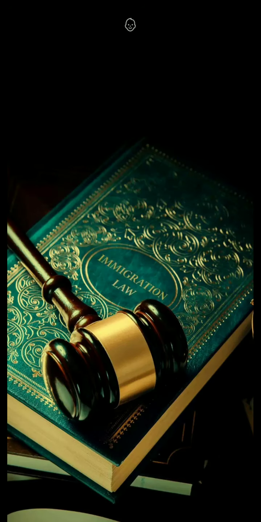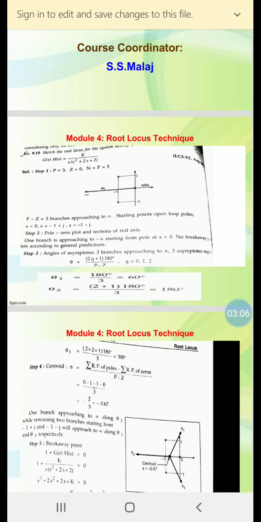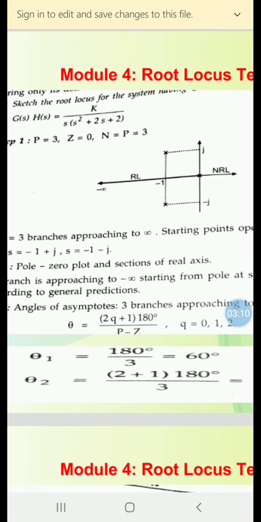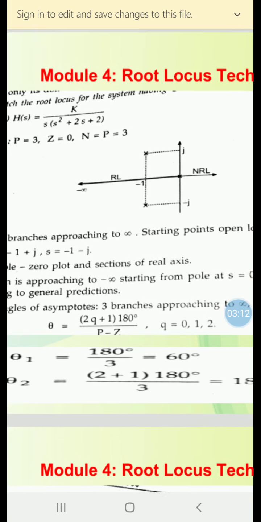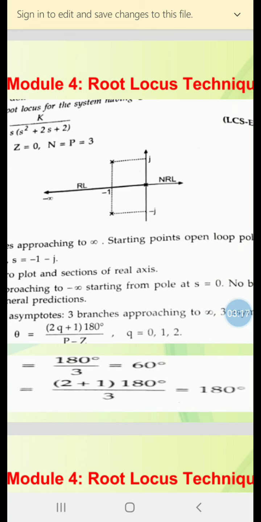Here we are not going to consider the complex conjugate pole, as said by the rule. Then you can see there is one branch which is approaching minus infinity, starting from the pole at s equal to 0.